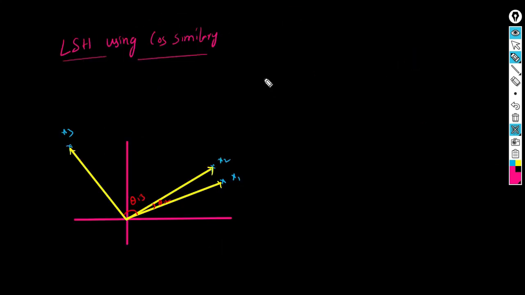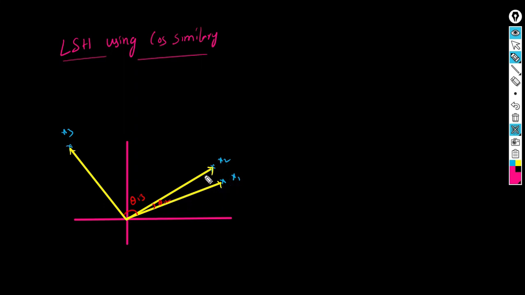In the cosine similarity approach, let's consider 2D space, where x1, x2, x3 are the three points. To find the cosine similarity we need the theta values, that means the angle between the points.